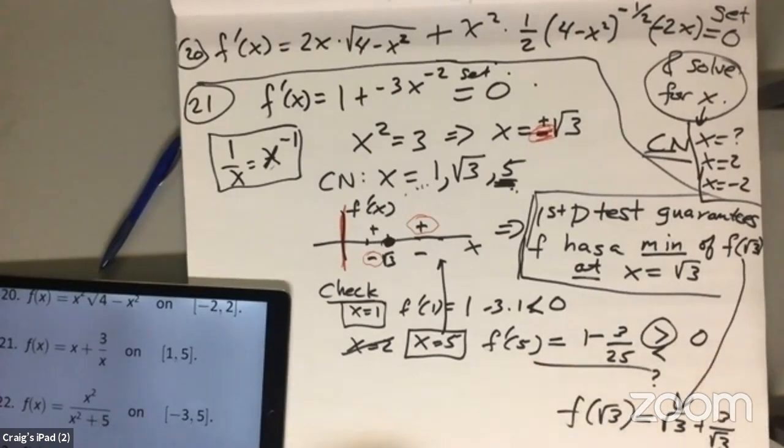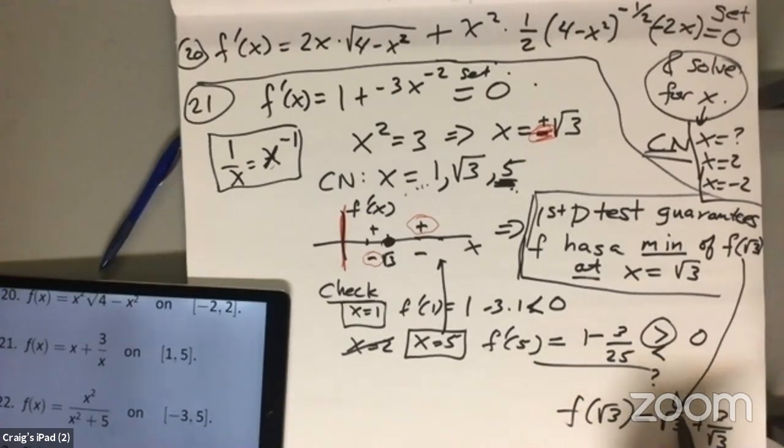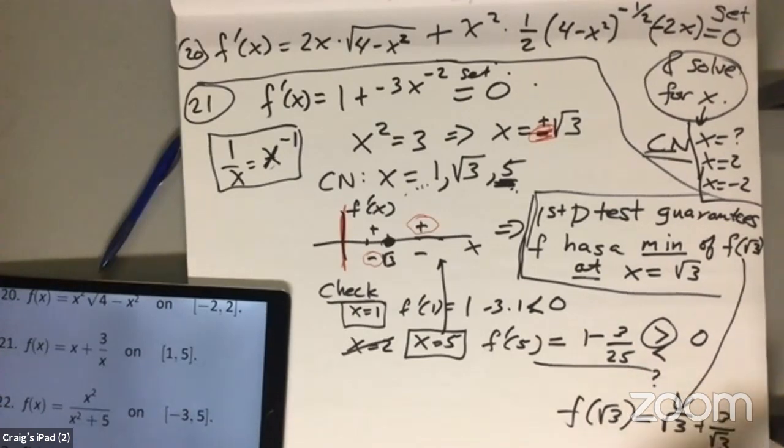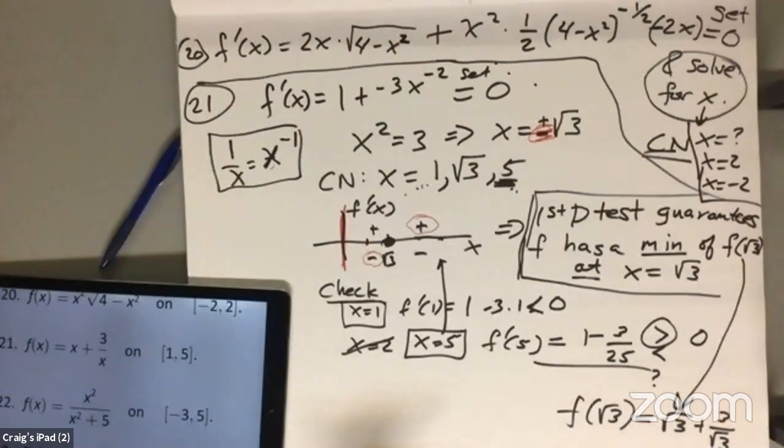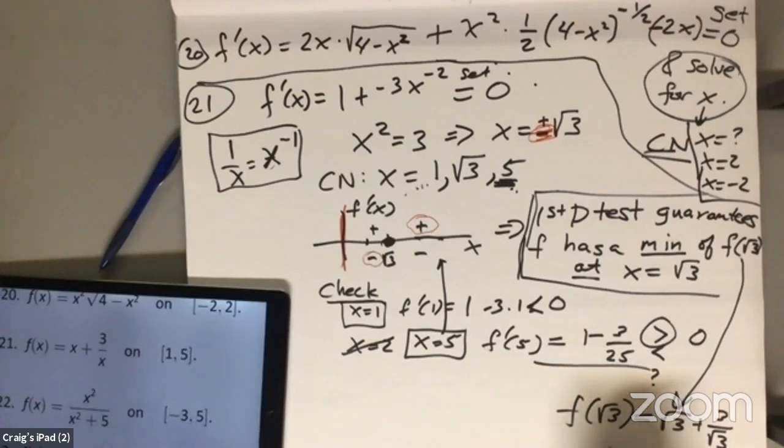Okay, not much to simplify there. We could factor out a square root of 3, and then it would just be messier. So it's fine. You could simplify it a little bit if you were an engineer by giving me a decimal answer. But to a mathematician, that's the superior answer. That's the perfect answer. Okay, so that's our local minimum.